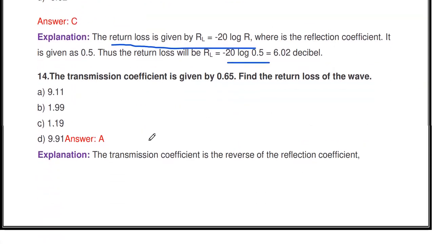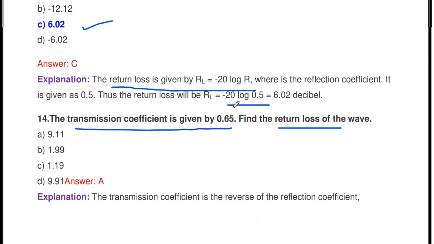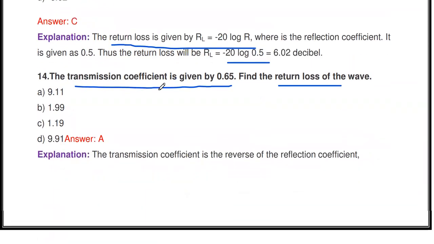Then the next one, the transmission coefficient is given as 0.65. Find the return loss. Already you know the return loss is nothing but 20 log of reflection coefficient. Here the reflection coefficient is not given. Instead, the transmission coefficient is given. So already you know the relation between transmission coefficient and reflection coefficient. The reflection coefficient is 1 minus the transmission coefficient.